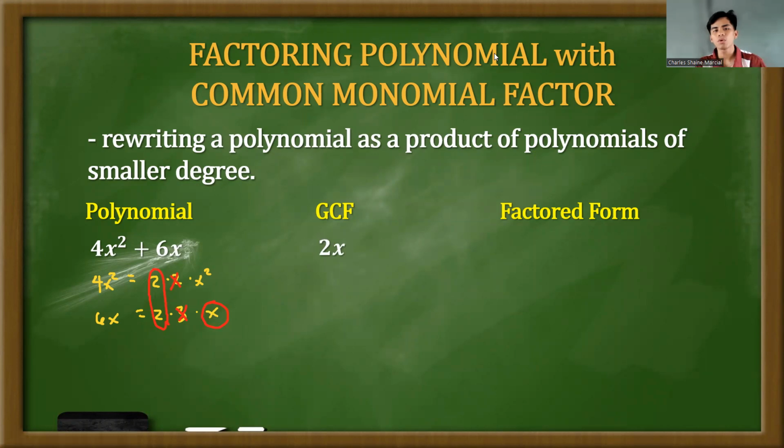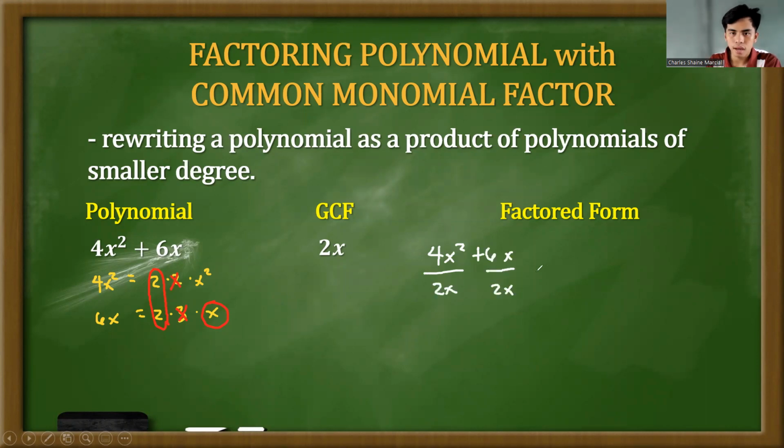Now, paano natin siya kukunin? Paano natin ma-factor? Opo, so gagamitin natin yung GCF to factor 4x squared plus 6x. Alright? Now, kailangan natin may idea tayo on how to divide a polynomial. Okay? So, dito sa dividing polynomial, ang gagawin lang natin is i-divide itong 4x squared plus 6x by 2x.